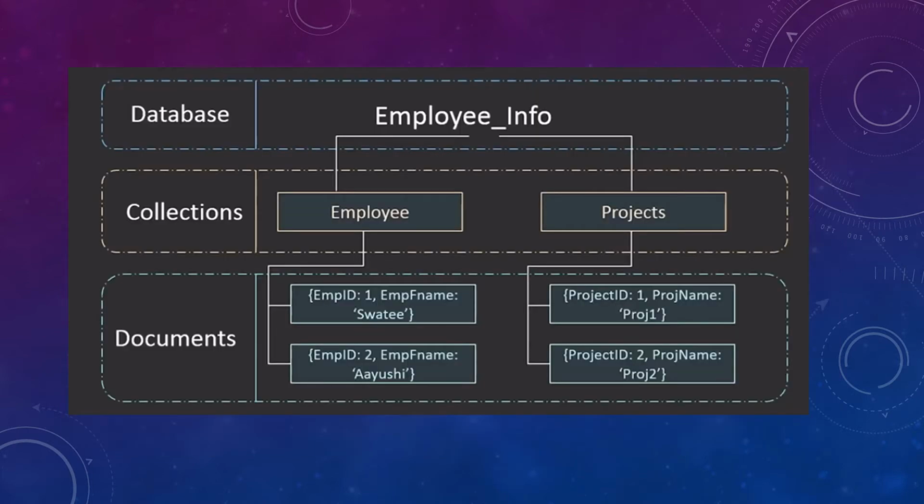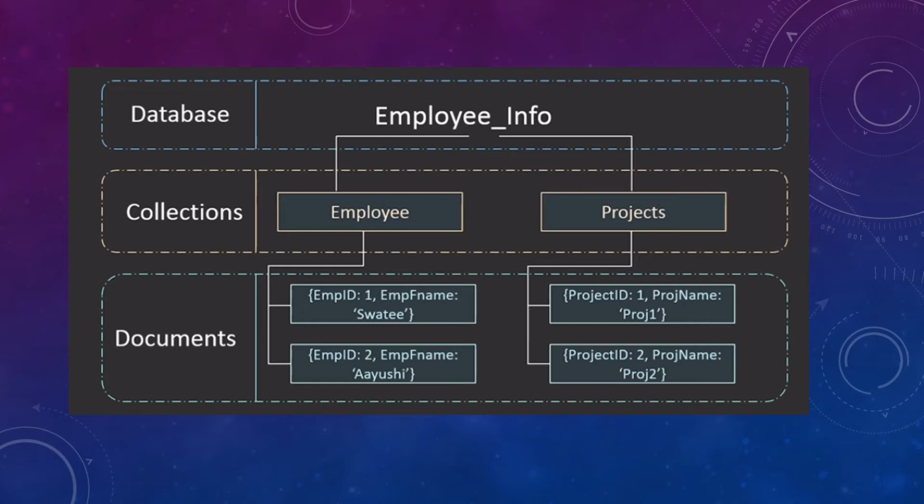Now we will consider one example of this. We have an employee database which has two collections, the employee and the other one projects. Each of these collections has documents, which are basically the data values. To understand these terms, we can consider collections to be tables and documents to be the fields in the table.